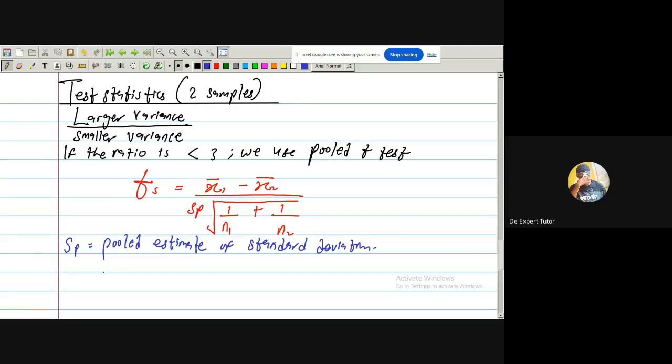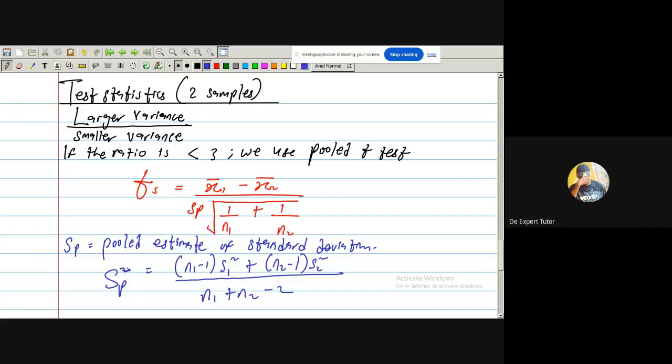Pay attention. Our formula is SP square equals N1 minus 1 times S1 square plus N2 minus 1 times S2 square, all over N1 plus N2 minus 2. Whatever you get, you take the square root, then you get SP.